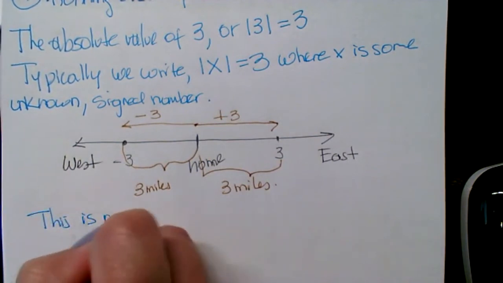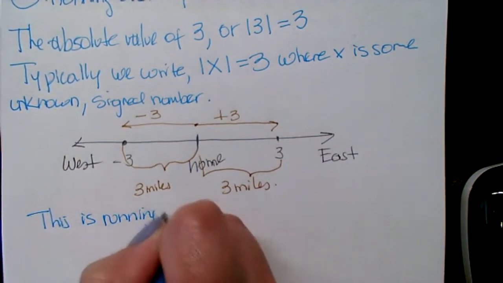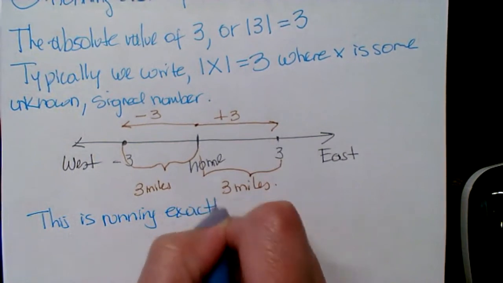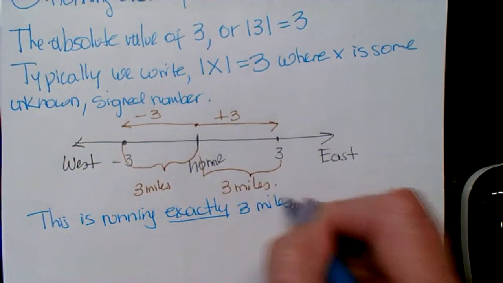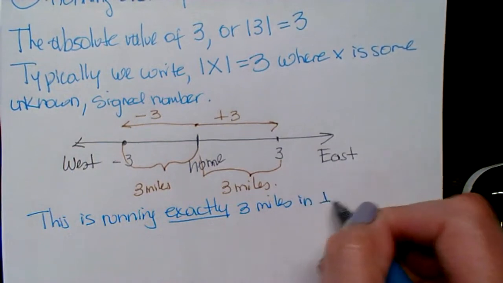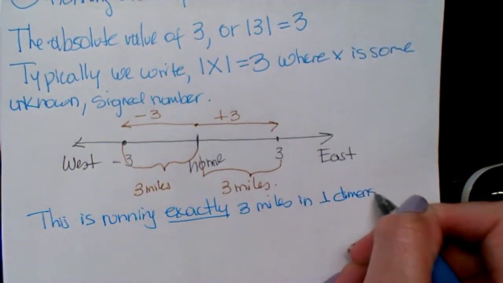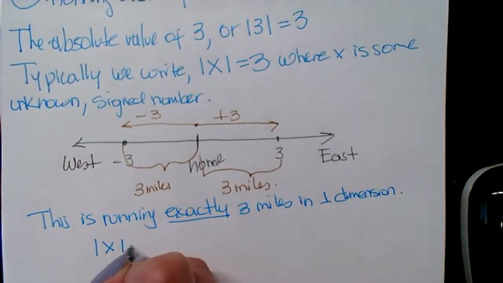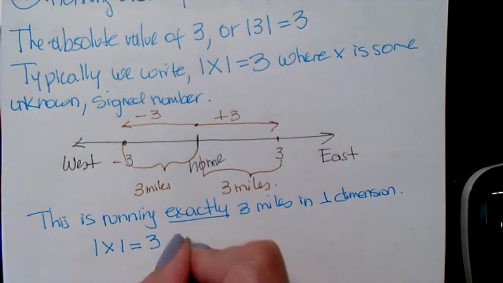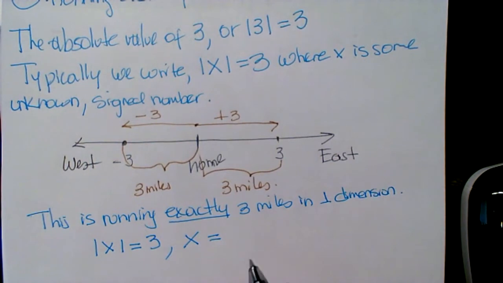So this is running exactly 3 miles in one dimension. So the absolute value of x, we're going to say that is equal to 3, right? So x is the direction and distance that I run.